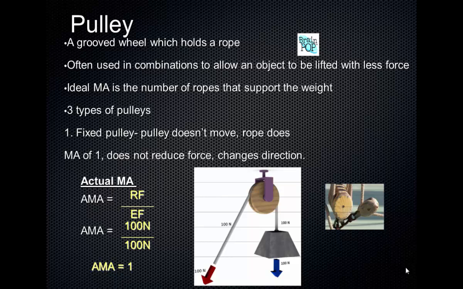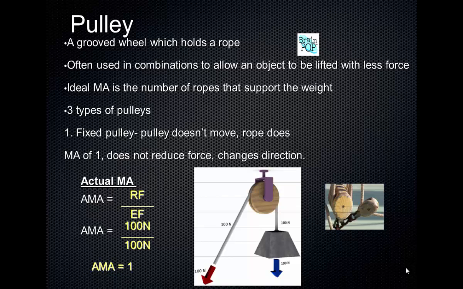Why not? Herschel? Why would this probably not work out in real life? If this mass was 100 newtons, I would not be able to pull with 100 newtons and lift that. Ashley? Nicole? You would need more effort to pull down.